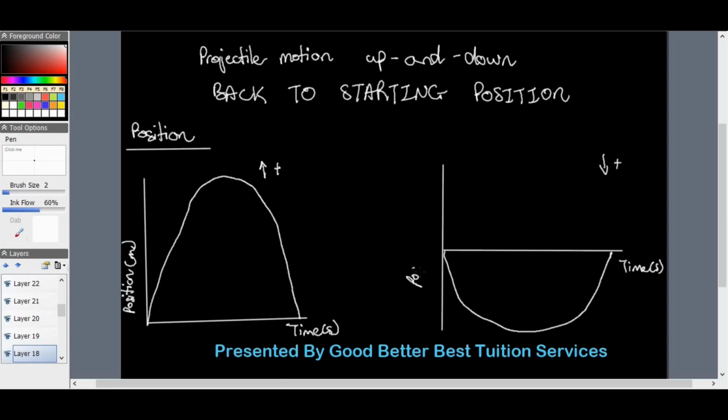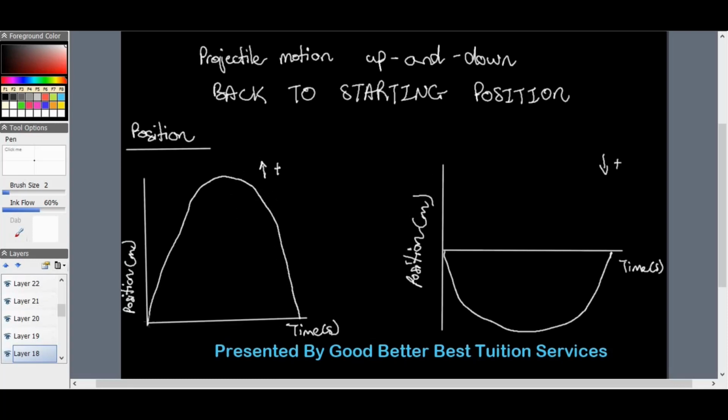Obviously with both still labeled, position on the y-axis and time in seconds on the x-axis. So if upwards is positive, of course it hits maximum height. We see the turning point is the maximum height, where it stopped in the air and then started making its way down back to the starting point.